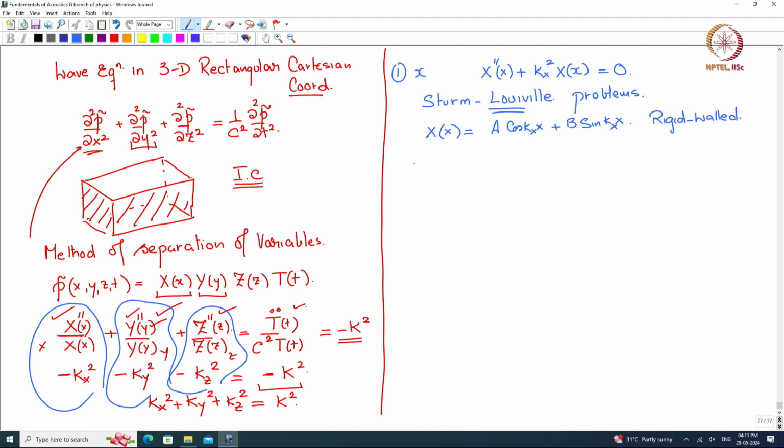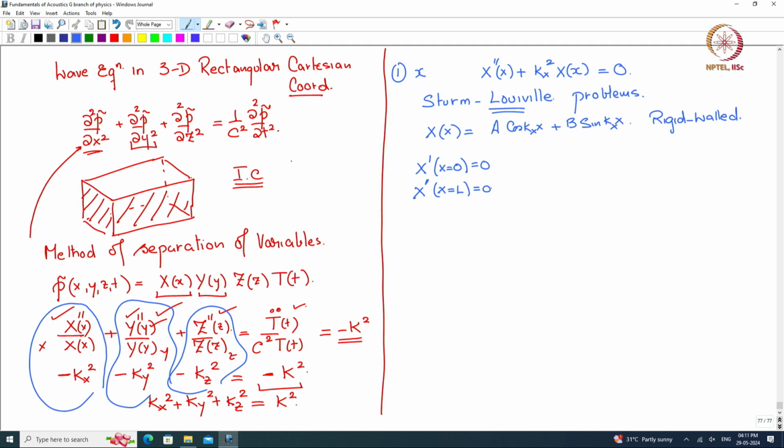What that means is the derivative X dash at x equal to 0 is 0, and X dash at x equal to L is equal to 0. That is what it means.